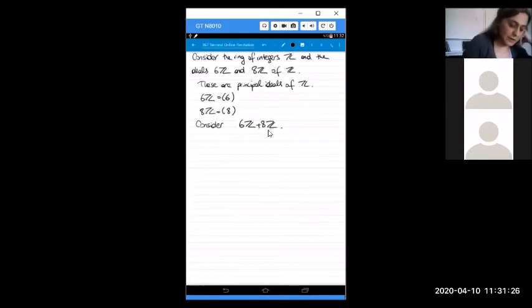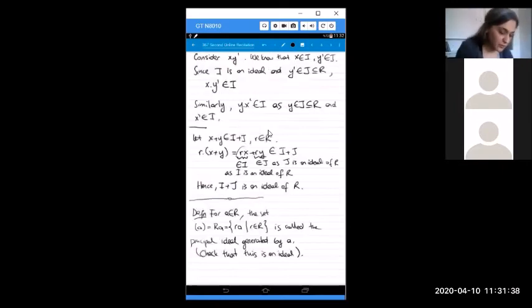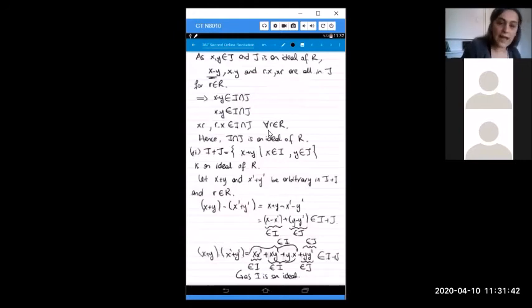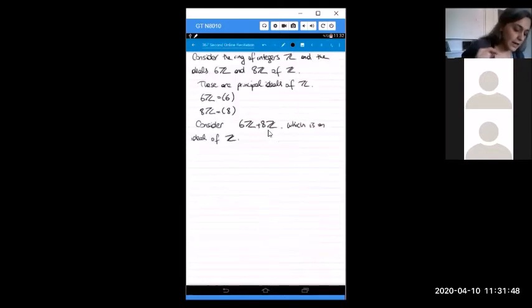Okay, this is an ideal. We have shown it in the previous question, right? If we have two ideals, I and J, then we know that their addition, I plus J, is also an ideal. Here, we are considering two ideals, 6Z and 8Z of Z.